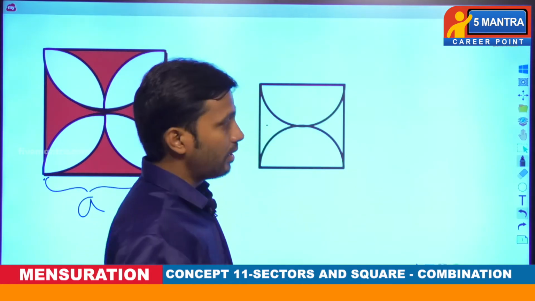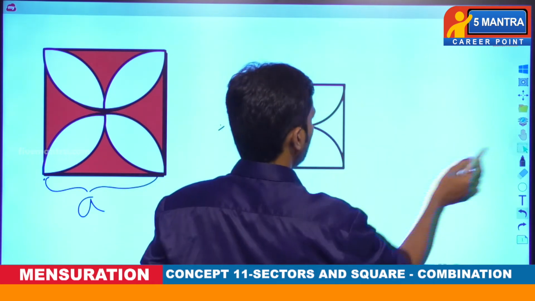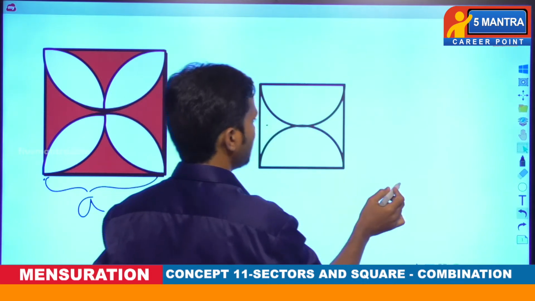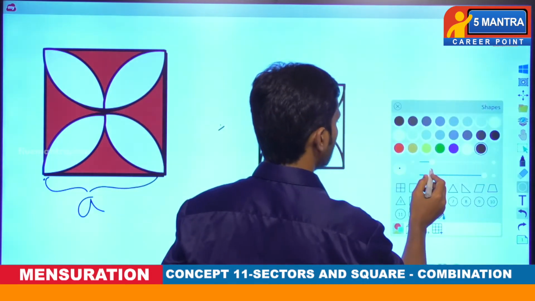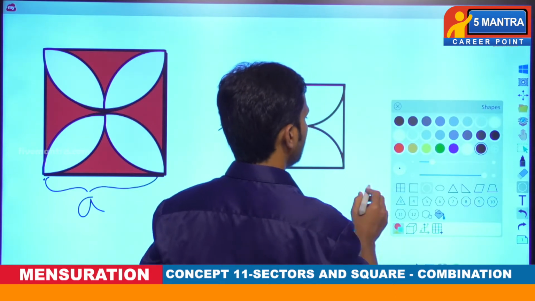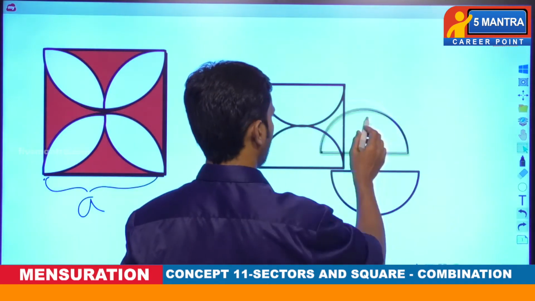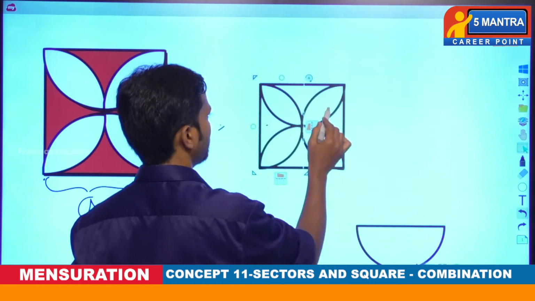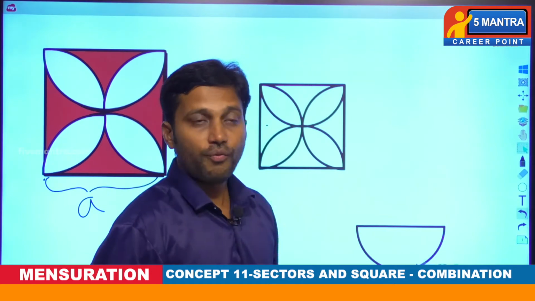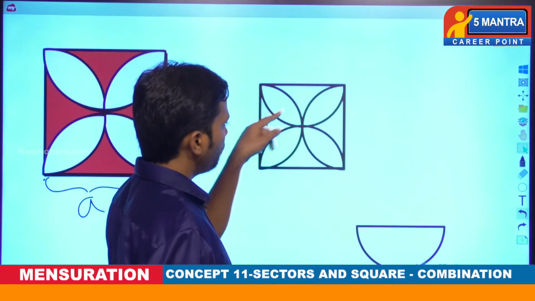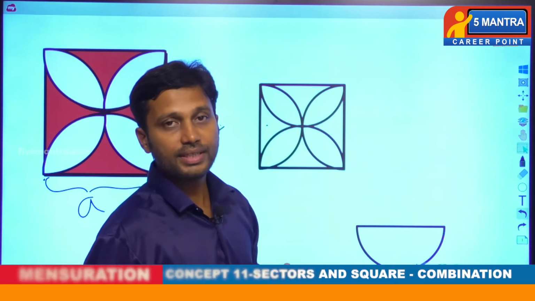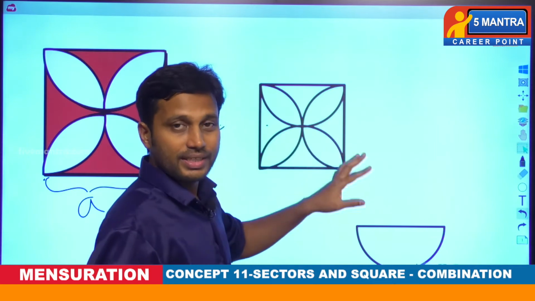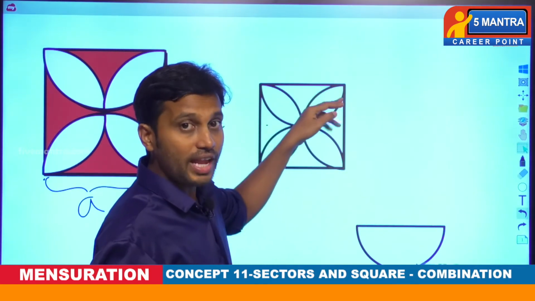But what we did, we entered 2 more semicircles into that. Now when we have drawn 2 more semicircles, then what happened is, other than filling this remaining space, these 2 semicircles are overlapping the remaining 2 semicircles.